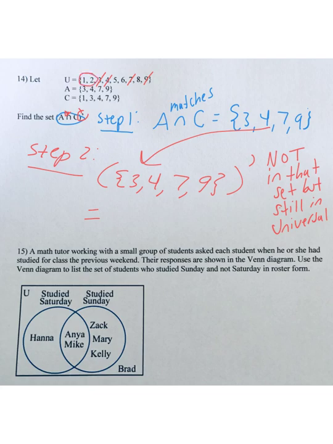So I have a 1 and a 2, a 5 and a 6, and an 8. No set operations are left, so this must be the final answer with the curvy set brackets around it and commas because it's still in roster form. But I do have 1, 2, 5, 6, 8 as the elements for the final answer.